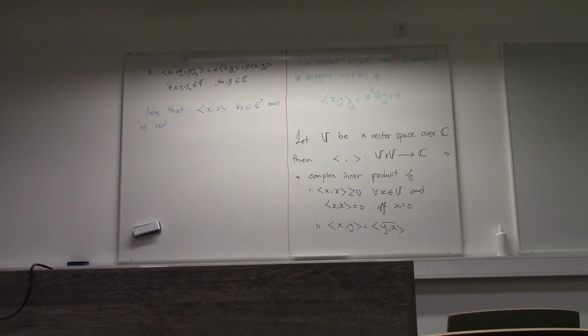Although x is a complex column vector, the inner product of x by itself will always be a real number. It's very obvious, isn't it? But we try to prove very obvious things.